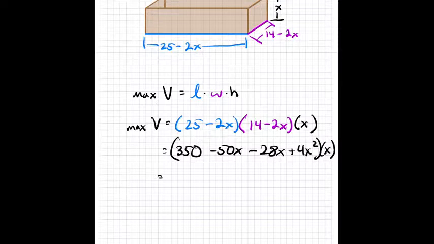So we're going to have 4x not squared but cubed. And again, what I'm doing is basically distributing this x and combining like terms. We're doing a few steps in one. Okay, that's going to be what? Negative 78. So negative 78x squared and then plus 350x.